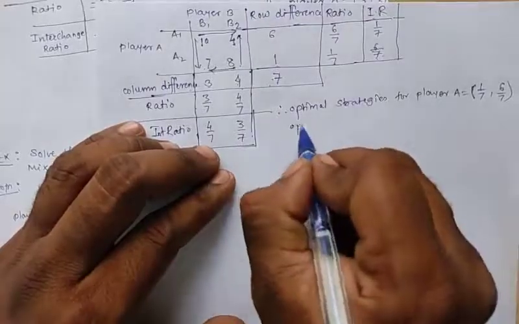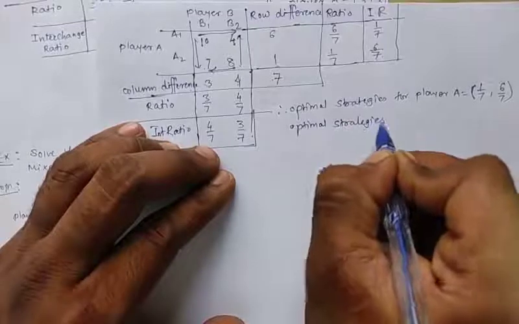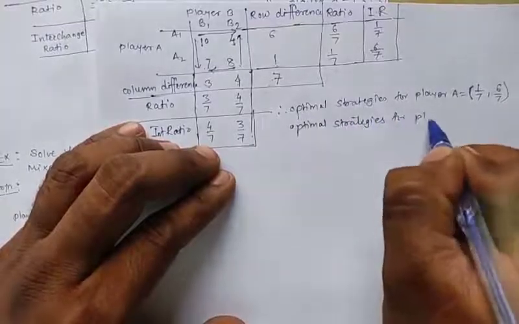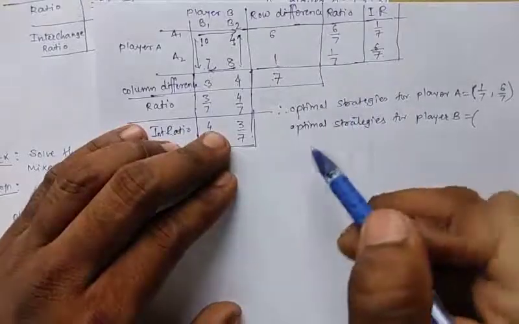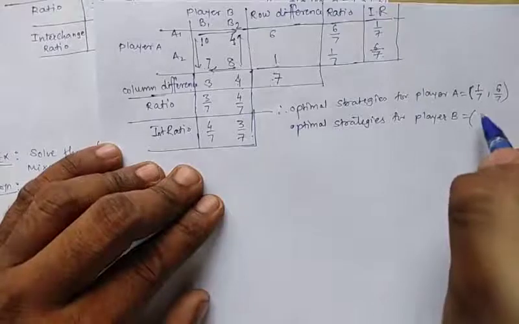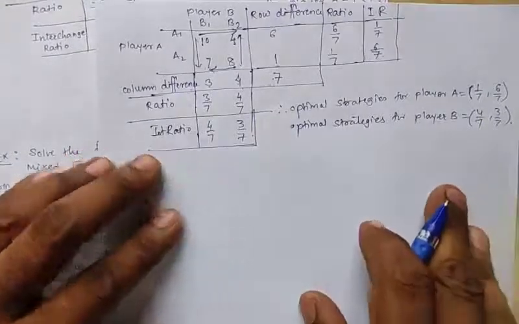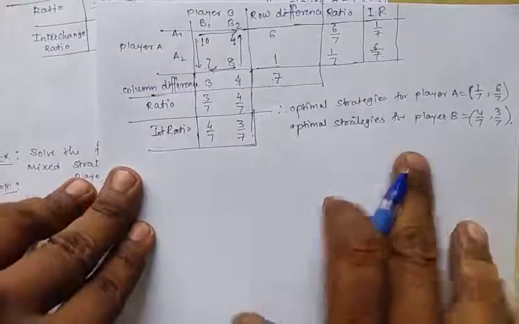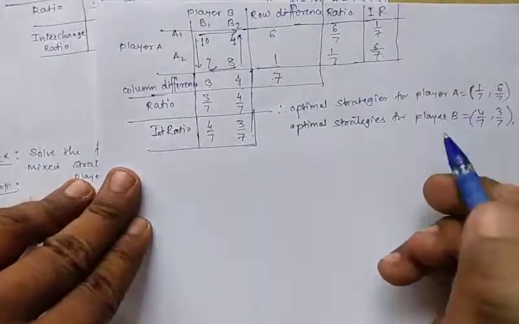Next, optimal strategies for player B is equal to, what is the optimal strategy for player B? For player B, 4 by 7 and 3 by 7. These are the optimal strategies for player A and player B.